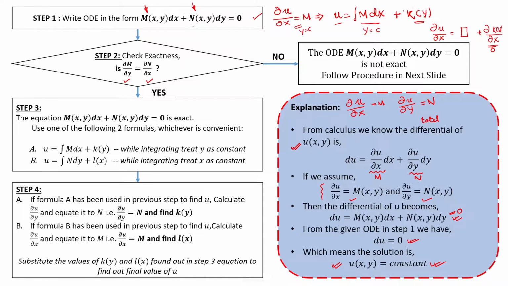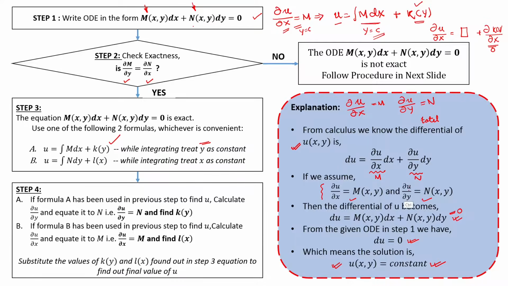So, you have to remember that if the partial differential equation is with respect to x, then the constant of integration will be a function of y, and while integrating M dx we take y equal to constant, that is, u equal to integration of M dx treating y equal to constant plus k of y.